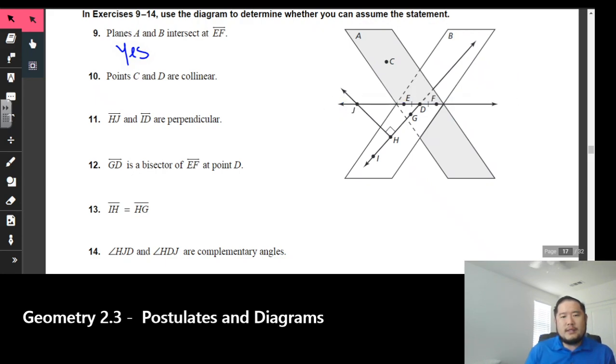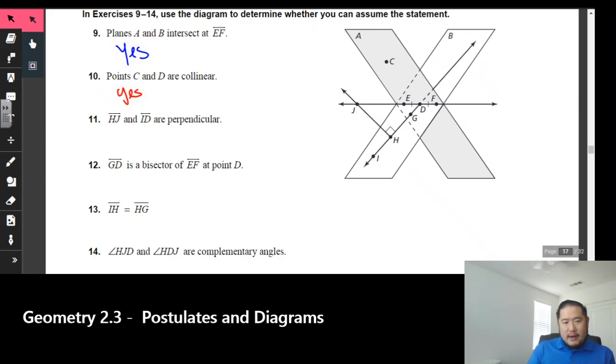Number 10, points C and D are collinear. Yes, remember, 2 points make up a line, even though, once again, it doesn't show it, but 2 points on the same plane make up a line, or 2 points in general.